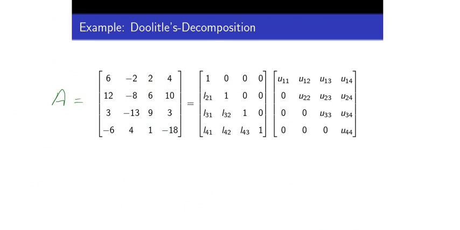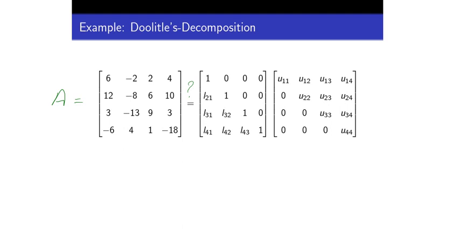Here I have written this matrix directly as equal to the right hand side, but that is actually questionable.